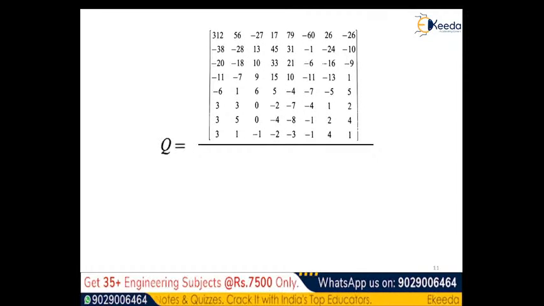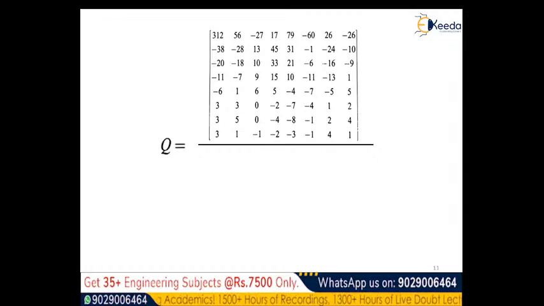So this computation after substitution of the corresponding 8 by 8 matrices will look like this. Capital Q will be equal to the numerator matrix. Here we substitute the first row elements: 312, 56, minus 27, 17, 79, minus 60, 26, minus 26. The first column elements are minus 38, minus 20, minus 11, minus 6, 3, 3, 3.